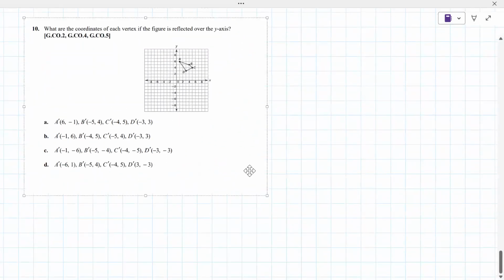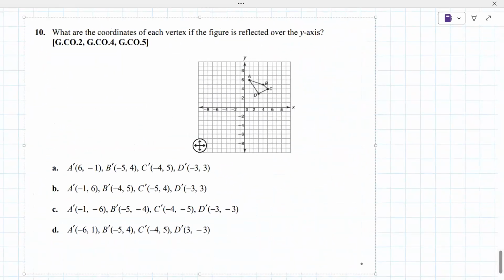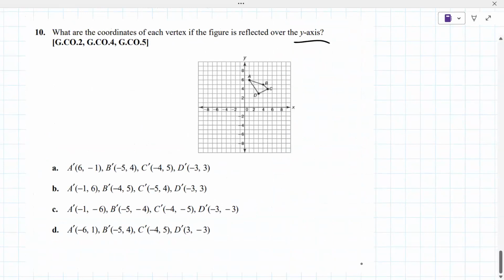Okay, so here's a new question. Reflection over the y-axis. They want you to figure out which of these ordered pairs are correct for the new drawing. A. Reflection over the y-axis. It would be -1, 6.